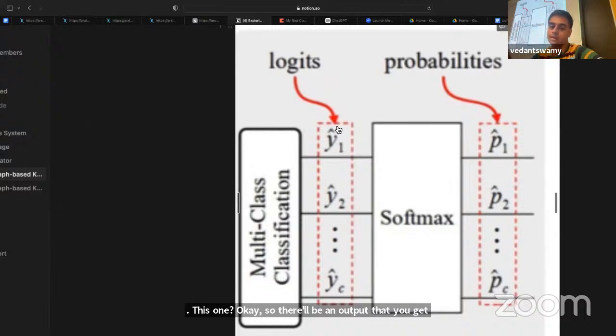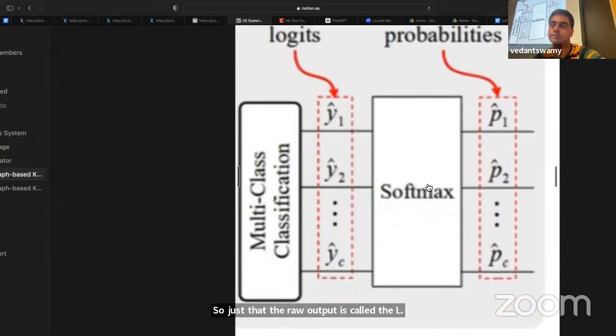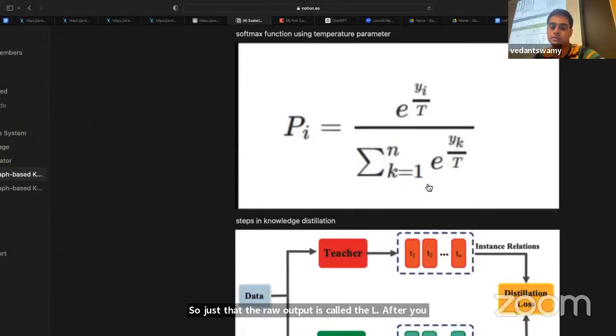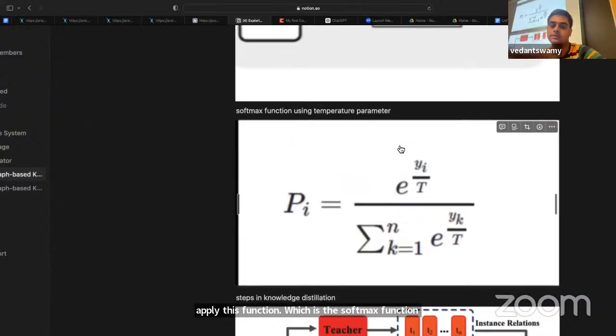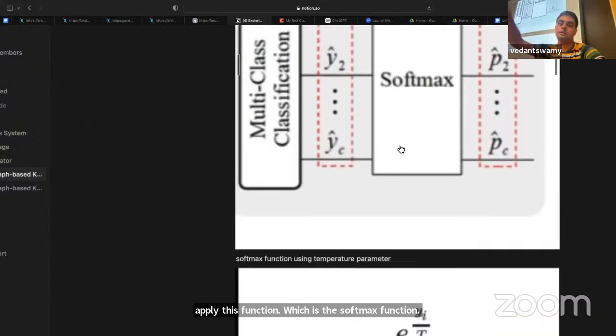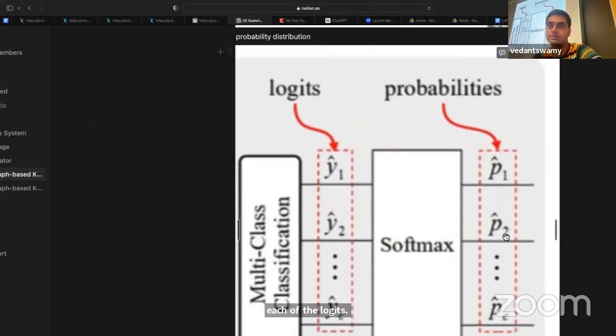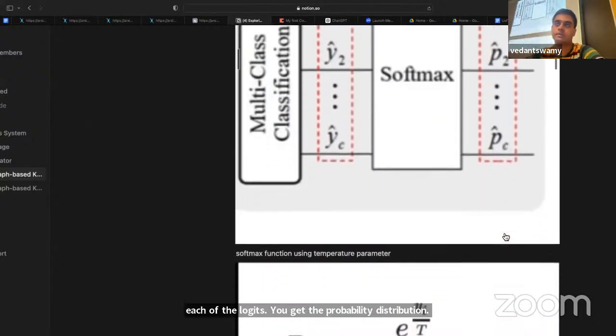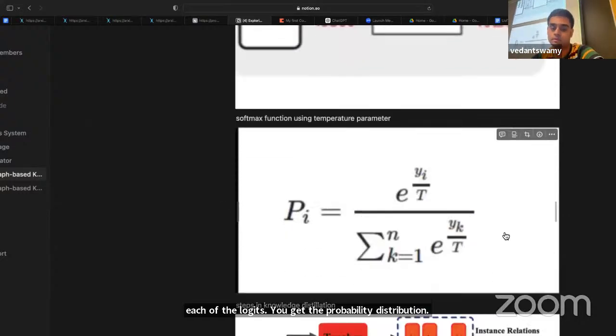Just that raw output is called the logit. Then you apply the softmax function, which is this, to each of the logits. Okay, makes sense. You'll get the probability distribution, which would give us probabilities. Thank you very much. You're welcome.